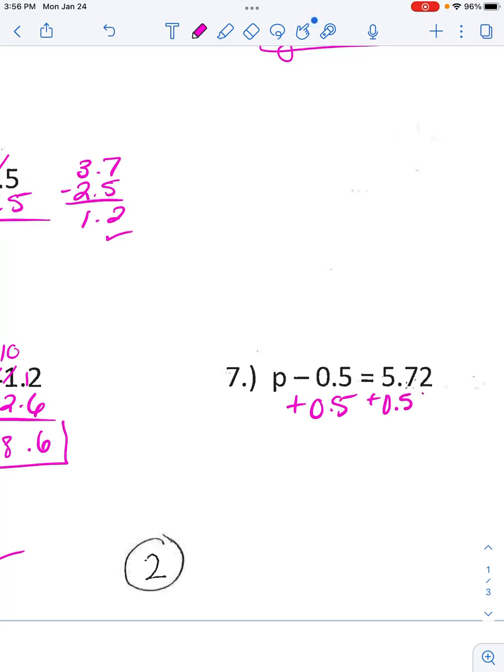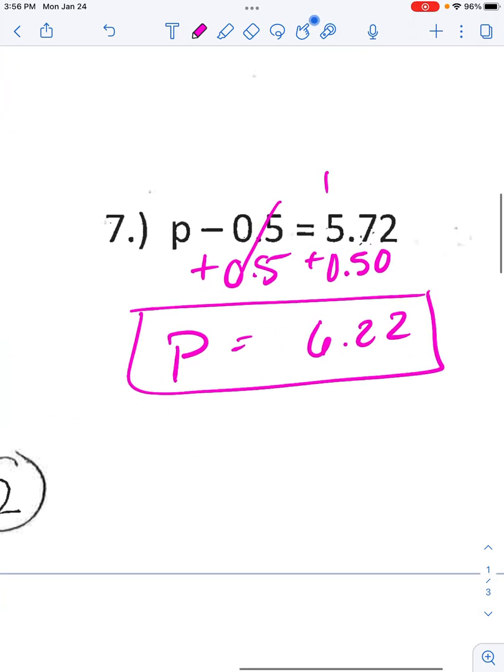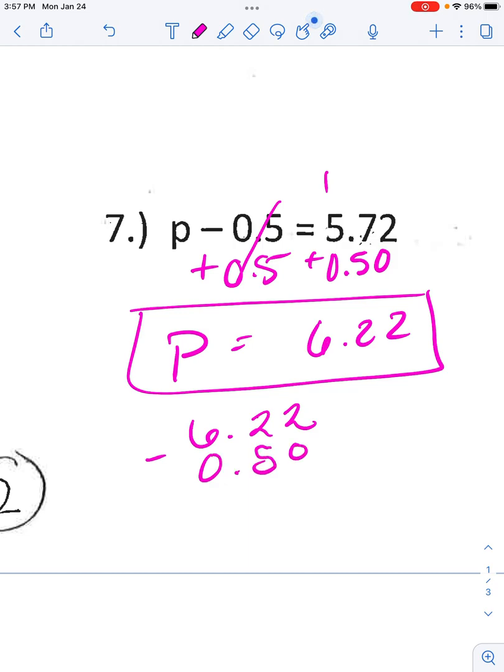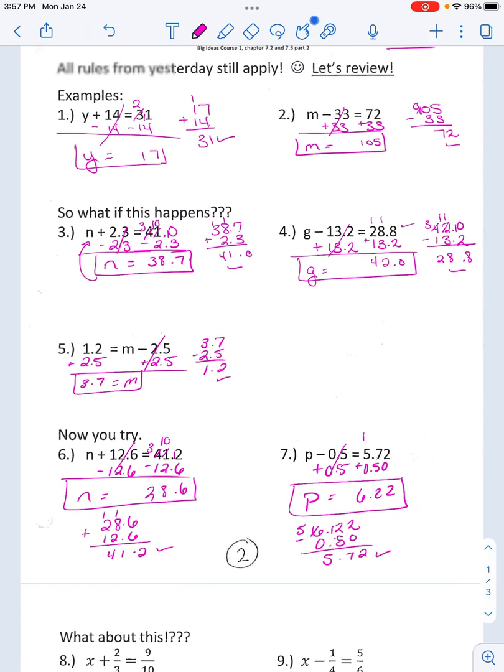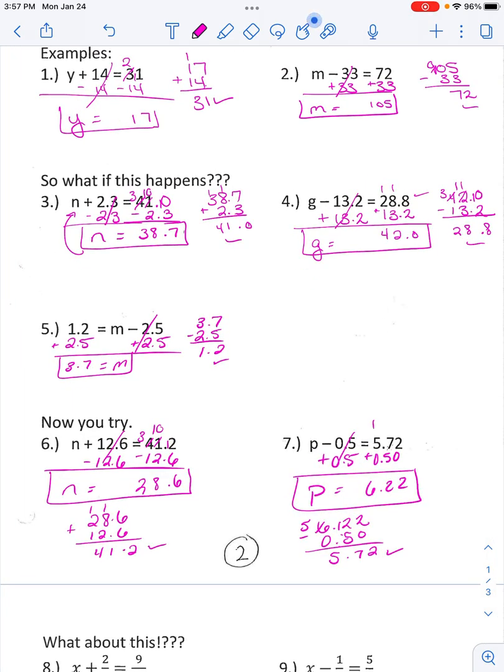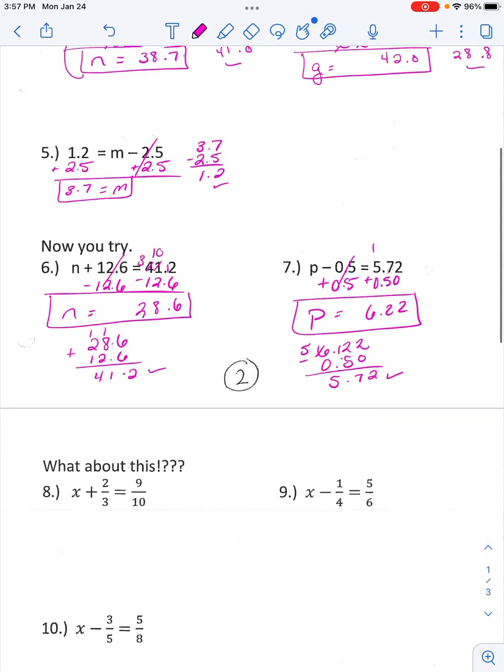Again, be sure you line up the decimals. So you're going to get 6.22, and then put 6.22 back in for p. We're subtracting 0.5, and make sure it checks out. And it does, 5.72.